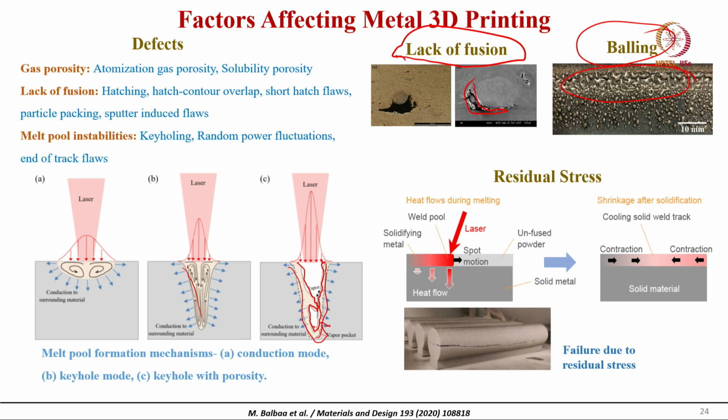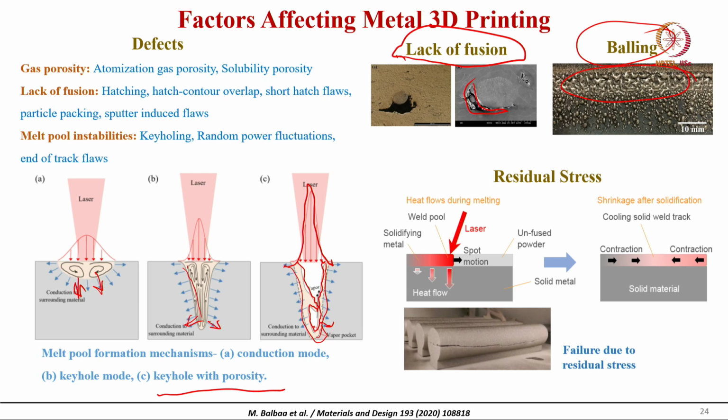And this particular arrow indicates how the heat is conducted away to the surrounding material. And this is the laser power distribution: in case of high laser power, when the melt pool forms, there are chances that a keyhole evolves.